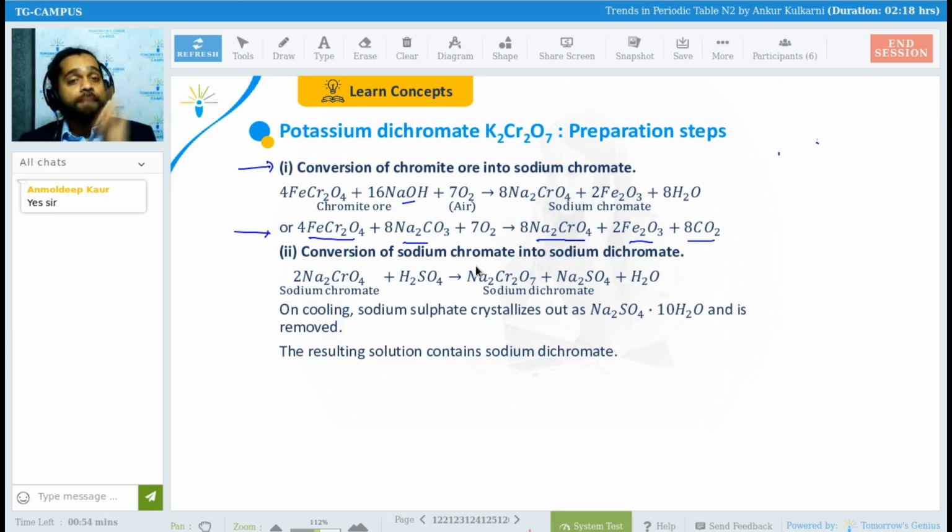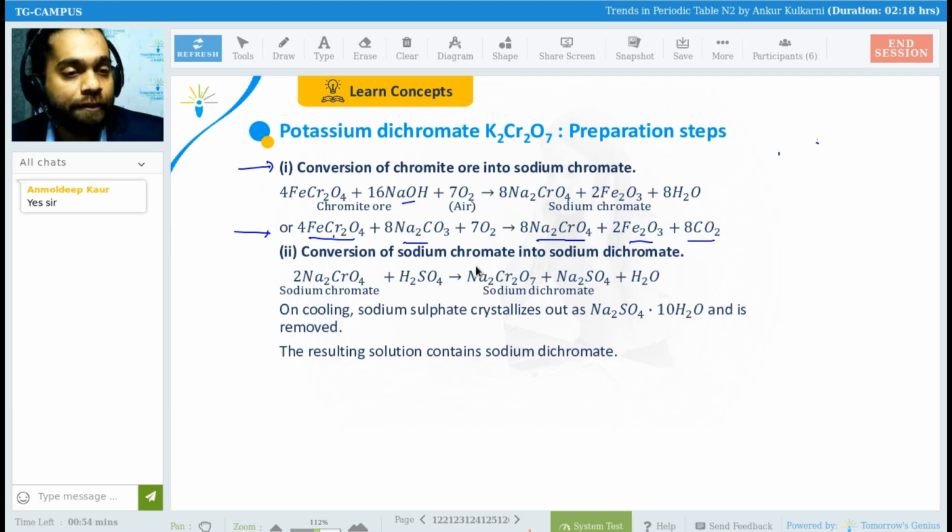Now sodium chromate, do I want chromate? No, I want a dichromate. Over here we have FeCr₂O₄, a chromite ore, from that we have got our chromate.